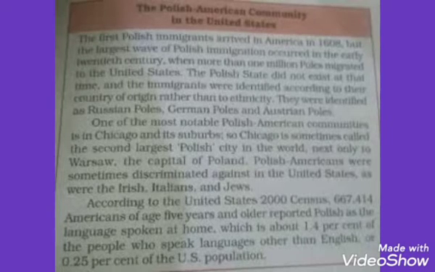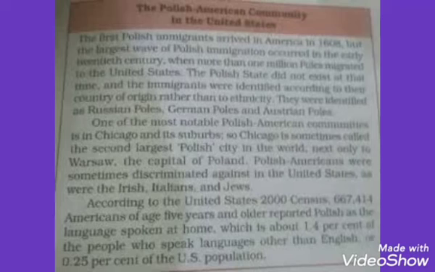Poles here refers to the natives of Poland. When these people migrated, they were identified according to their country of origin, so they were referred to as the Russian Poles, the German Poles, and the Austrian Poles.